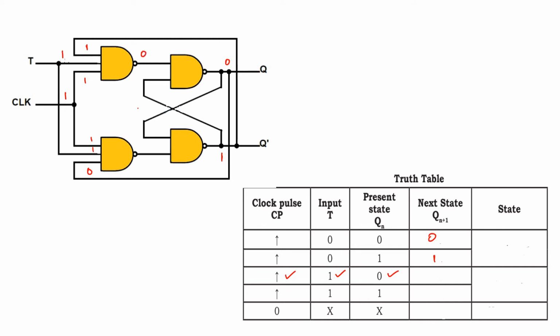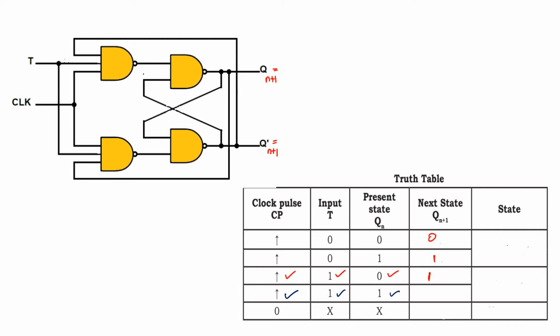So here 0 and 1. Now 1 is connected here, 0 into 1, that is 0, 0 bar, that is equal to 1. Now this 1 is connected here, 1 into 1, that is 0. Okay, Qn plus 1, Qn plus 1 bar. Now see here, the present state is 0, but we will get the next state as 1. And next we are going to consider the next case, case number 4.